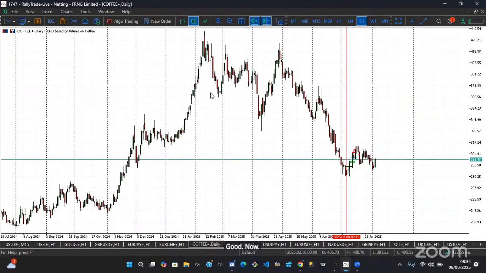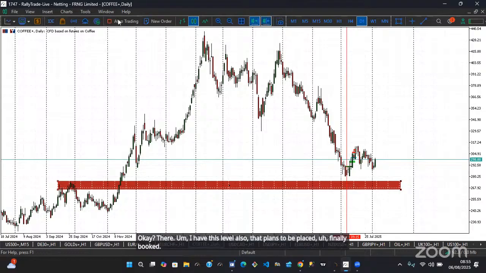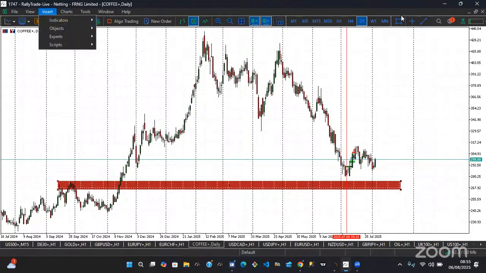Now, I have 2 levels that I'm working with currently. You see this level here, that price retraced and finally broke. This is one. Then I have this level also, that price retraced and finally broke, which is 2.